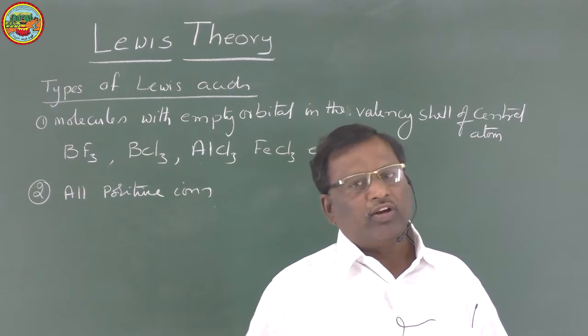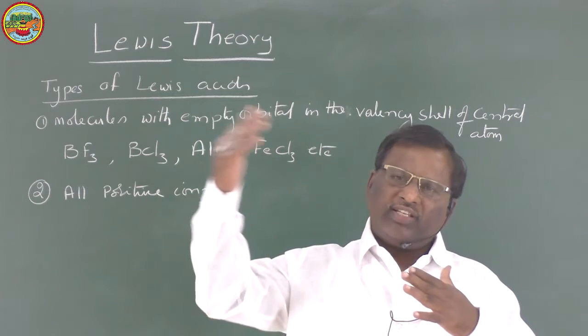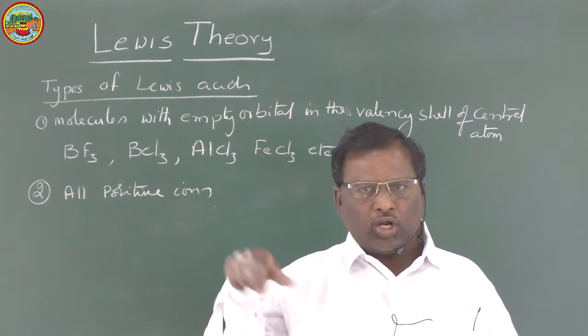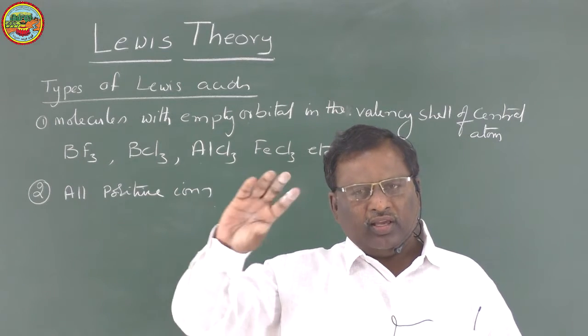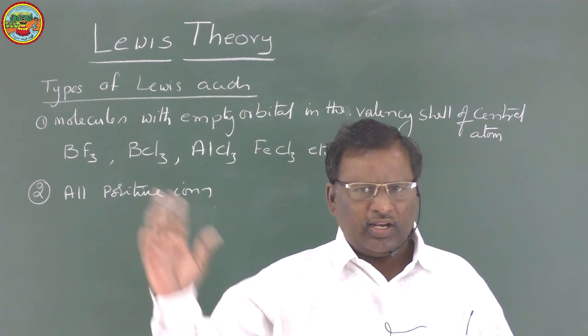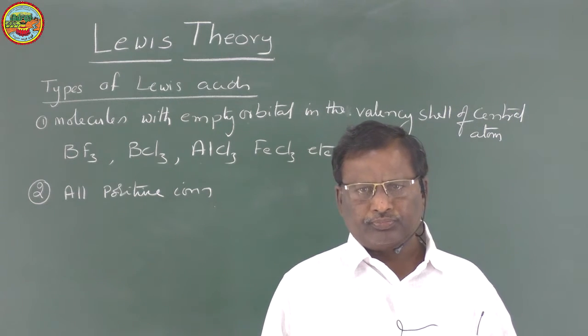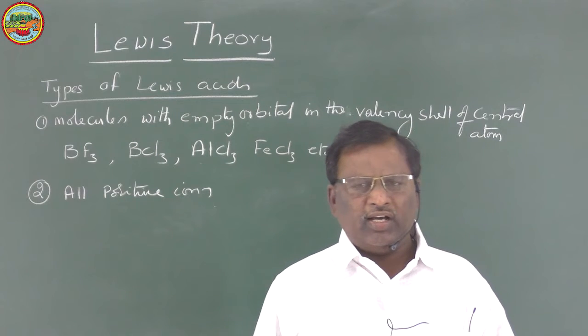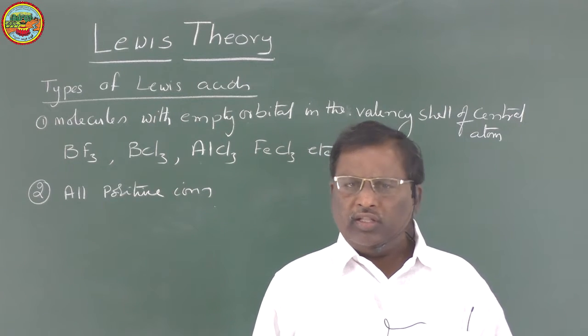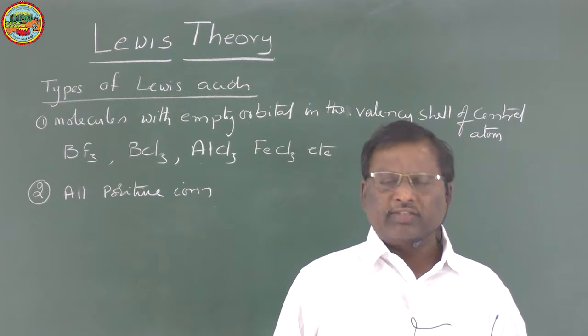When an atom loses electrons, the electron present in the valence shell is removed. When electrons are removed, automatically it will have an empty orbital. So all positive ions will have an empty orbital. They are in a position to accept an electron pair from other species.